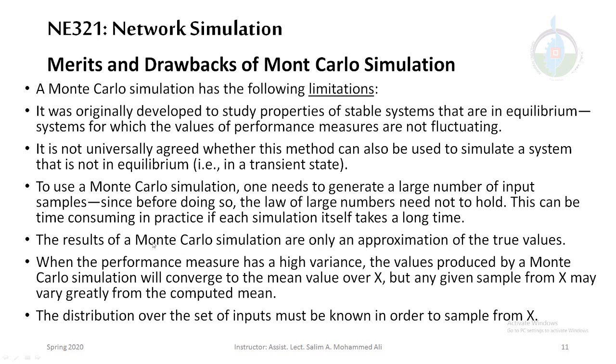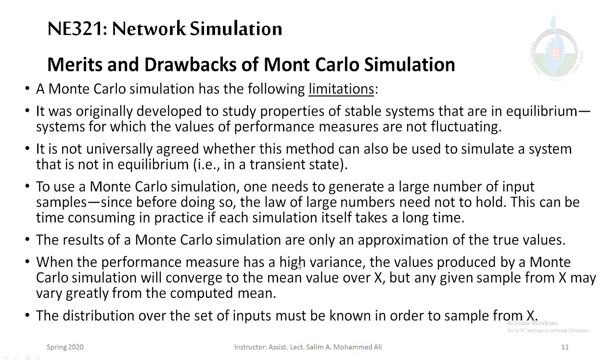This is one limitation. When the performance measure has a high variance, the values produced by Monte Carlo simulation will converge to the mean value over X, but any given sample from X may vary greatly from the computed mean. We all know what variance is: when the samples are very diverse, very different from each other, we have very high variance.